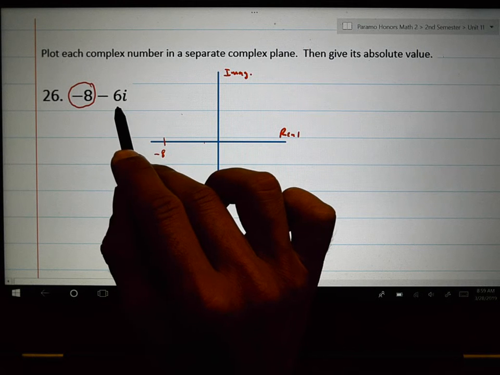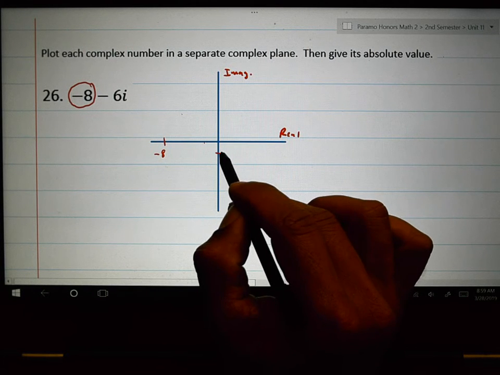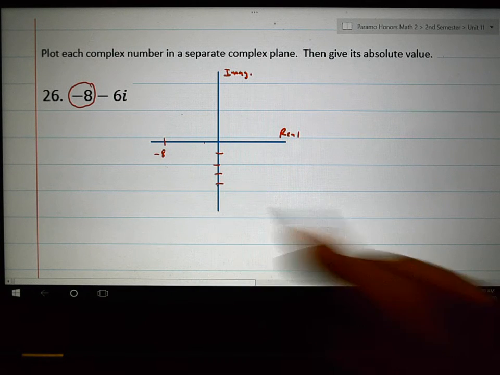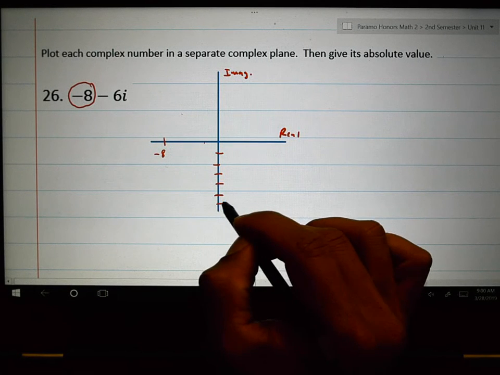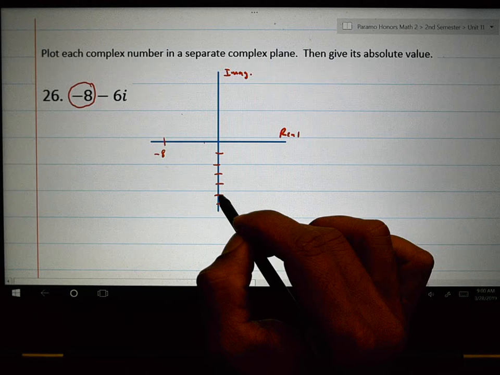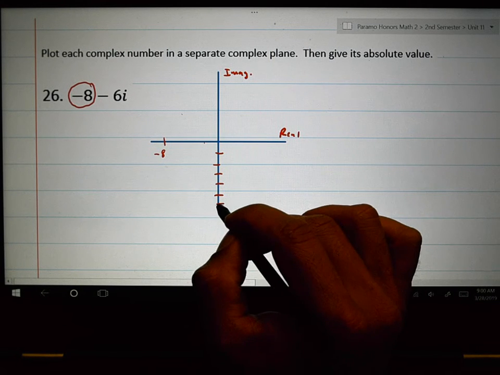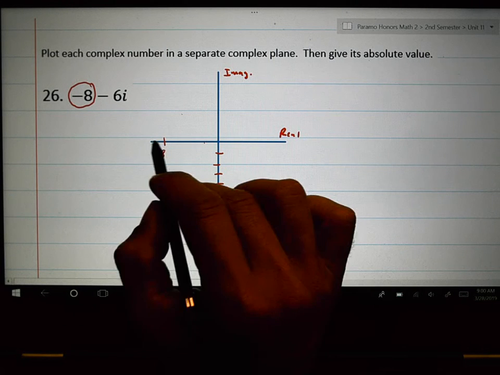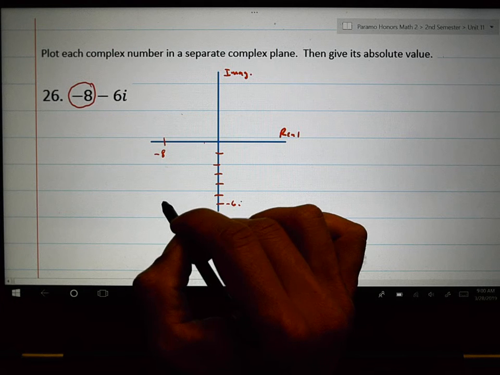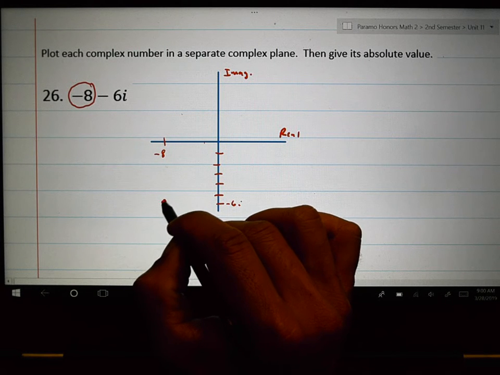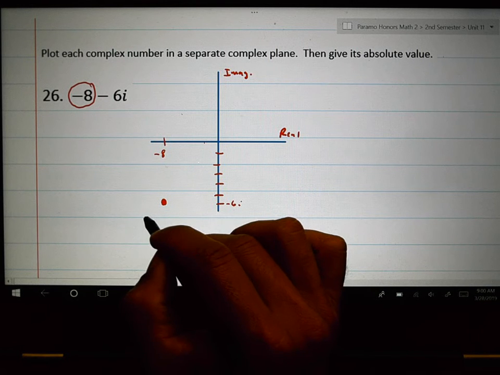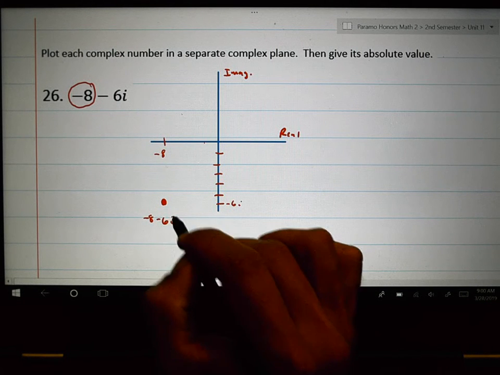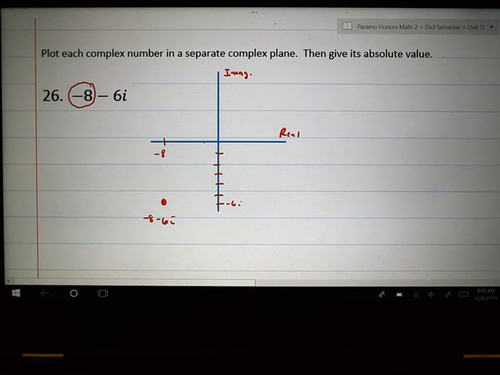Means we go down 6i. 1, 2, 3, 4, 5, 6. 6i is right here, negative 6i. So here's negative 8, here's negative 6. This point right here is the point negative 8 minus 6i. That's how we plot it. We plot it as a dot. It's a location.